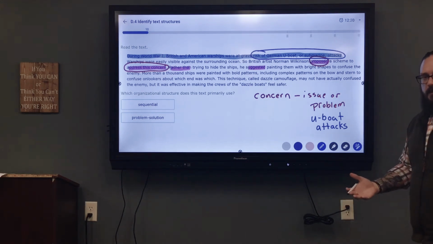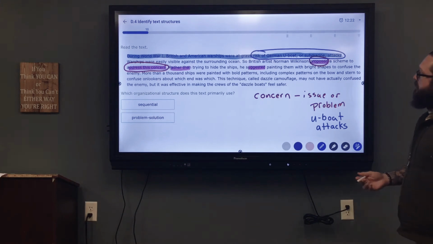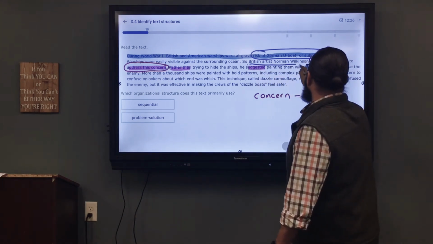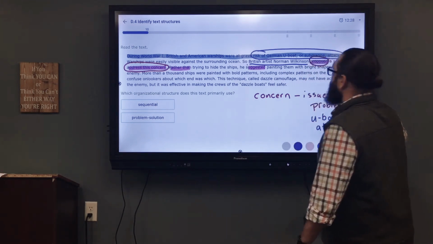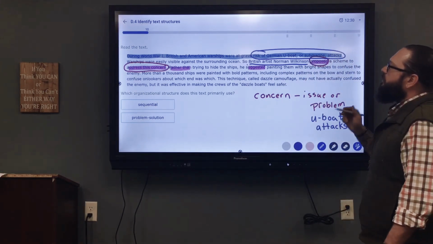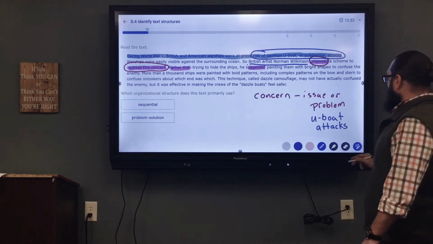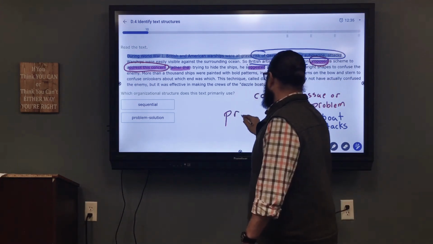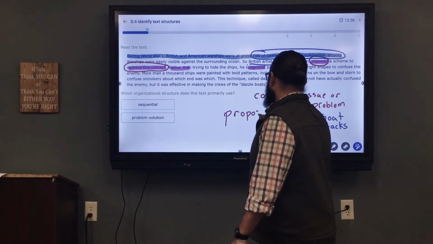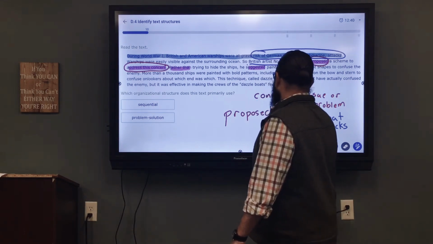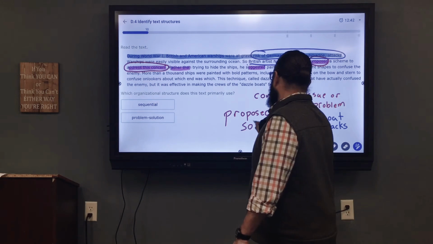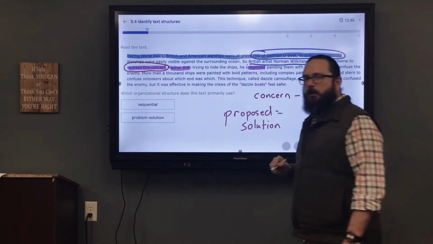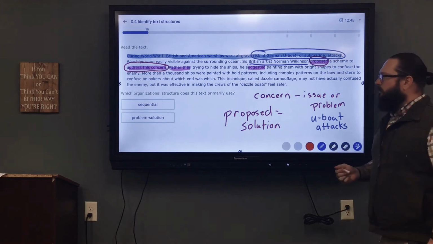So how is the concern addressed? Well, British artist Norman Wilkinson proposed a scheme to address this concern. So the word proposed is our signal word to let us know that he had come up with a solution.